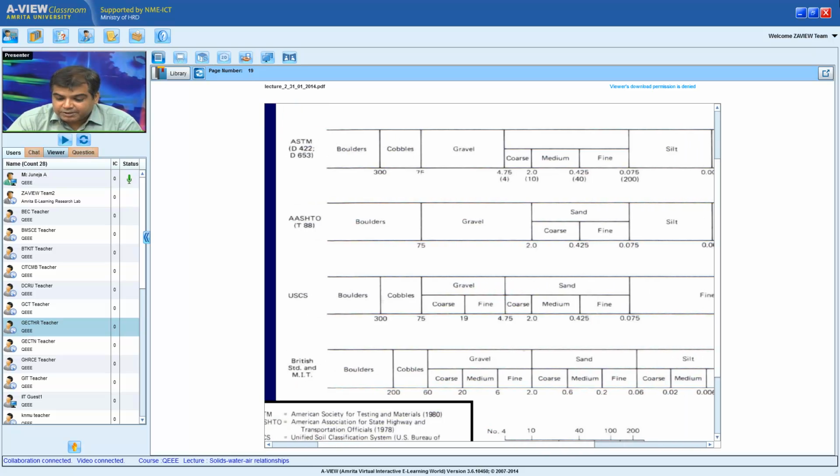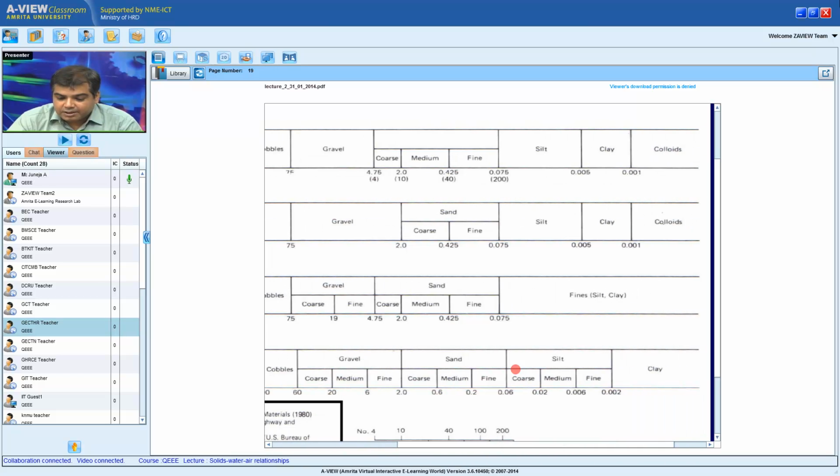The only difference is that USCS stops at 75 micron for silt and clay, whereas our IS system also divides this further. Silt is between 75 micron and 2 micron, and clay is anything less than 2 micron. It's in a sense just colloidal particles, and it's hard to determine the particle size with a certain degree of certainty.